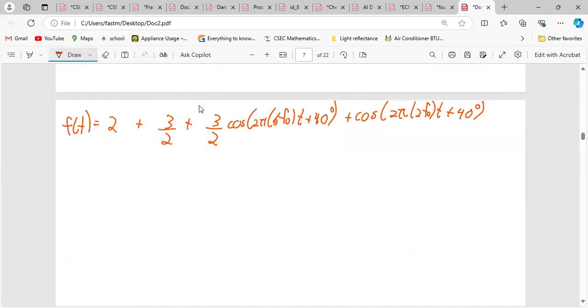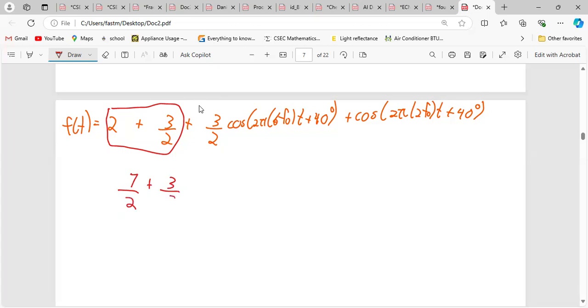So we could bring this together. Here we go, calculator. I am not doing that in my head, no matter how good I feel I am in maths. So 2 plus 3 on 2 is 7 on 2.